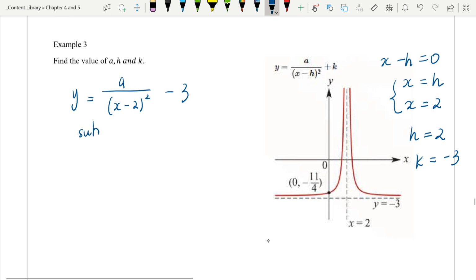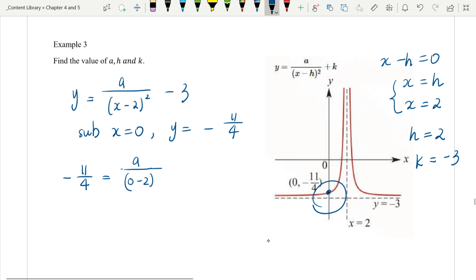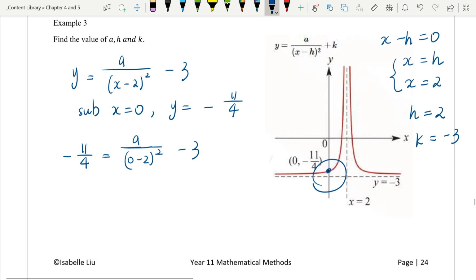And I can sub x equals 0 and y equals -11 over 4, because that's this point, the y-intercept. So you know a point, I can put the point in, because there's only one variable I'm worried about. So a over (0 - 2) squared, minus 3: -11 over 4 equals a over 4 minus 12 over 4.